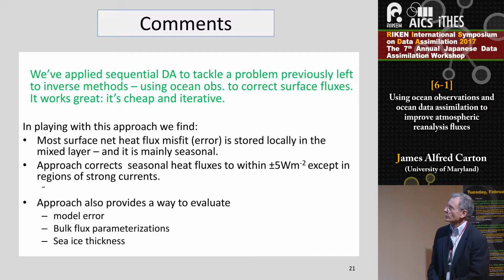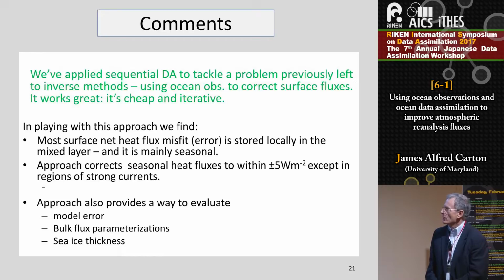And a few more conclusions. In playing around with this approach, we found that, as I said right at the beginning, if you take a look at the heat budget equation, you don't really have to retain the full heat budget equation for these increments, that it really reduces to kind of a local storage in most parts of the ocean, except in these strong boundary current regions.